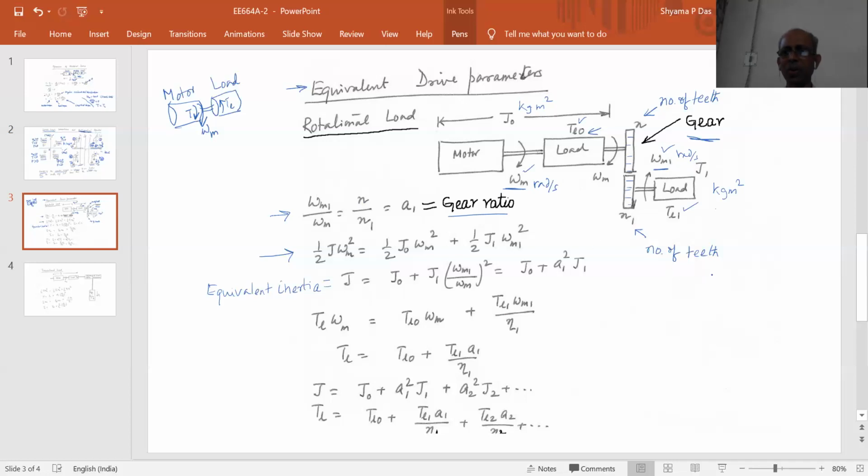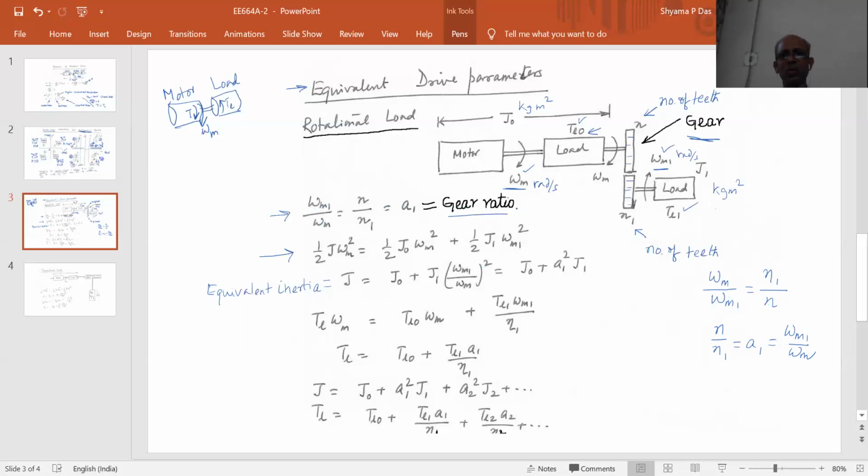That's what we have written here: omega m1 by omega m equals A1.